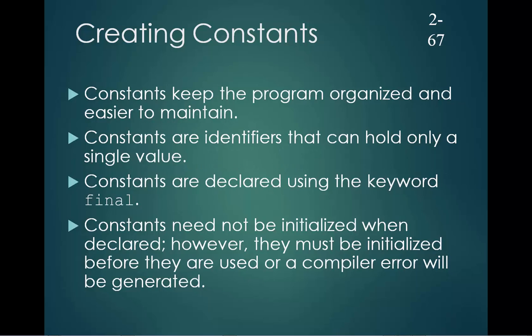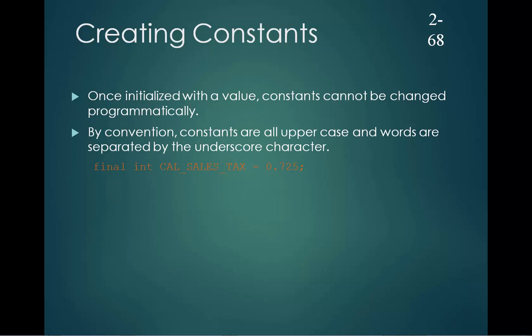So I'm going to skip over constants for the moment, except to tell you that there is a standard for naming constants. I'll discuss constants more later on, but when you see this language final, it means that you're creating a storage location that cannot be changed.